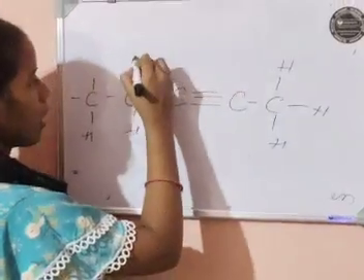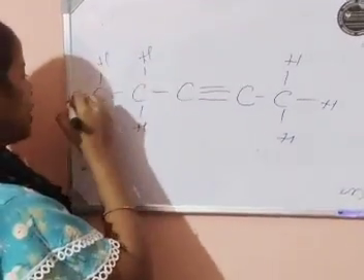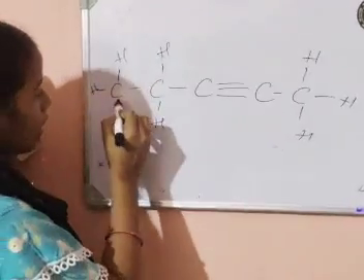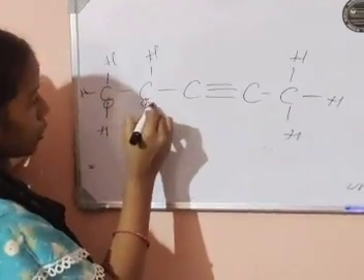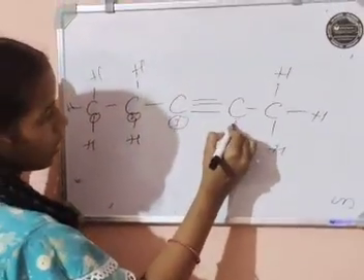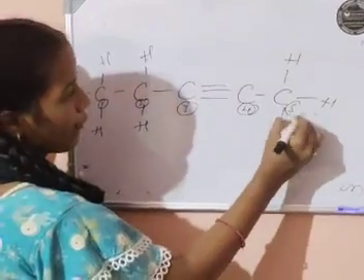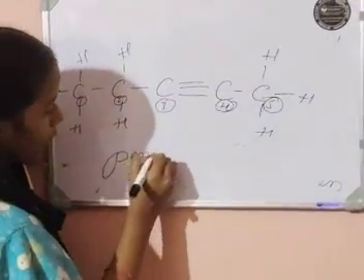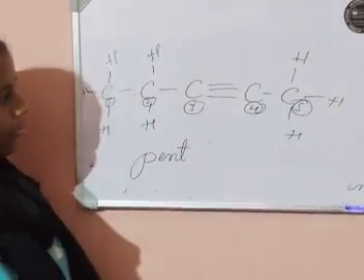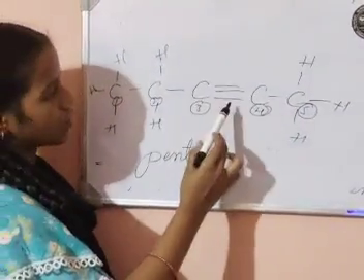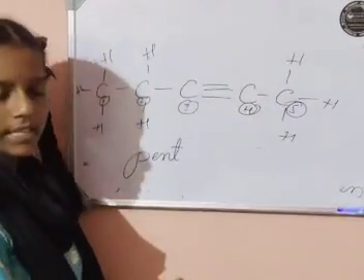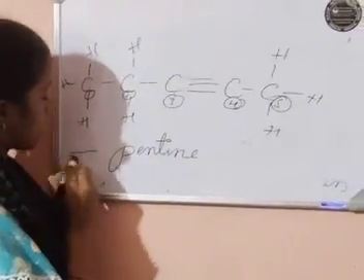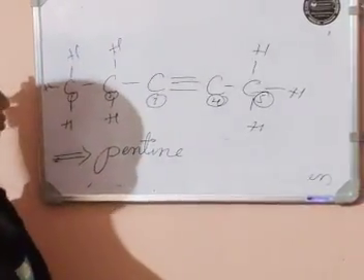Where the bonds come outside, we need to keep these lines only. You have to see here, we have 1, 2, 3, 4, 5. These are the 5 carbons, means pent. In this I choose triple bond, means yne, pentyne. The compound is pentyne.